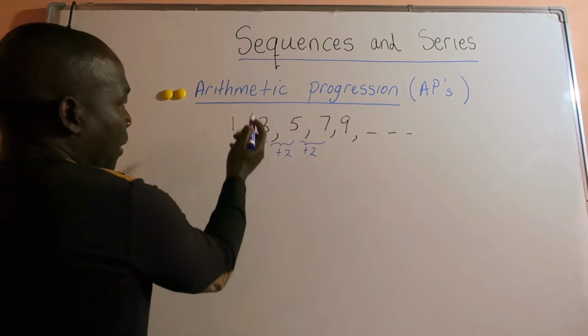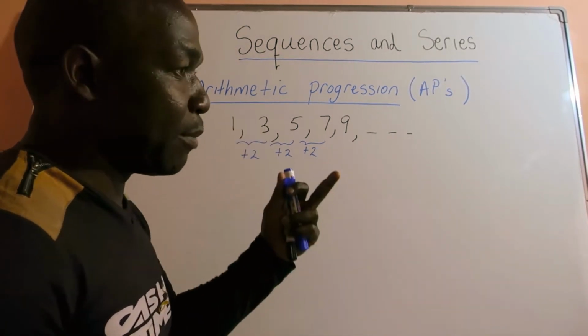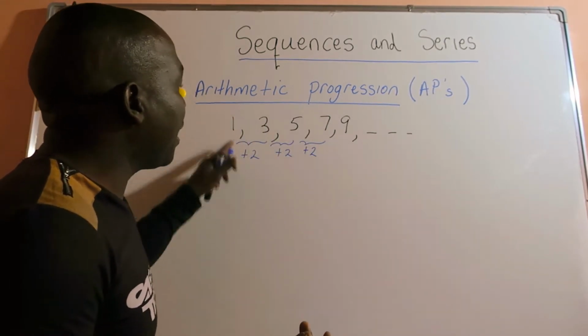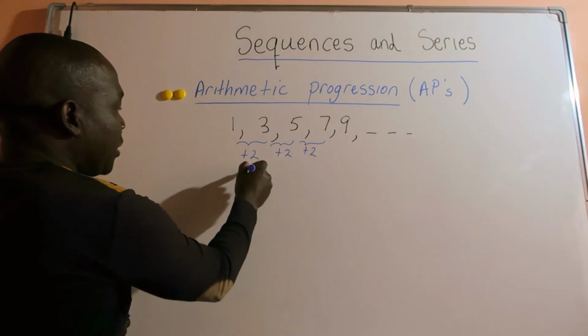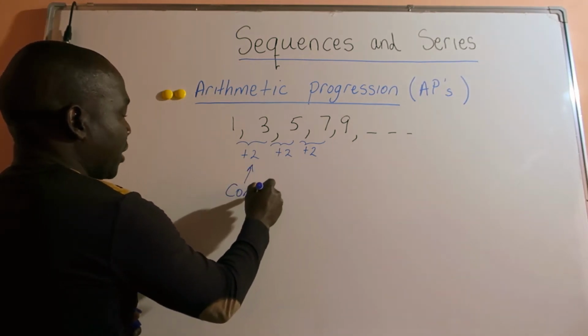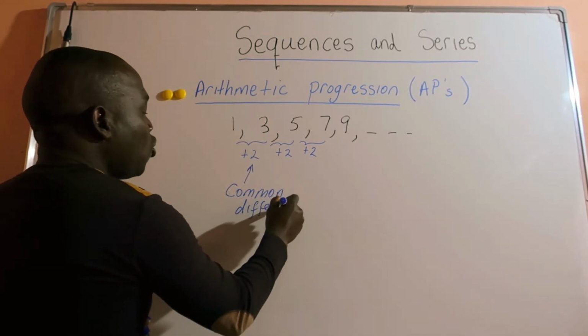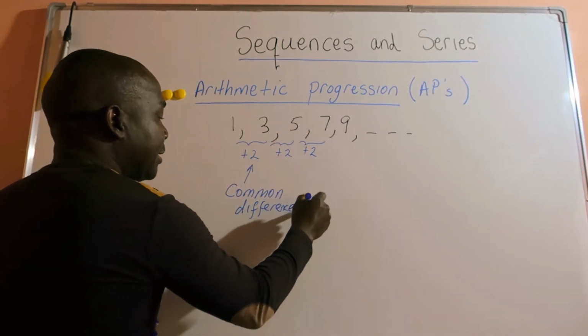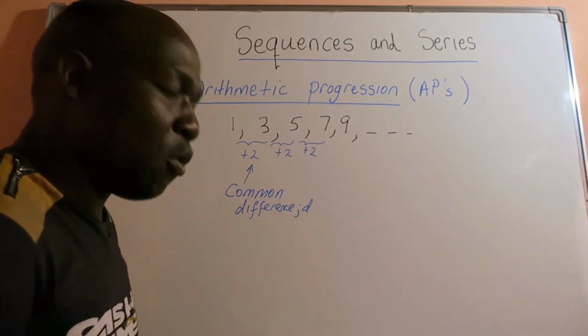The first type of sequence is arithmetic progressions, where you're adding a certain term to get the next term. What you're adding, we call the common difference, and we denote this by D. So the plus 2 is D. Now, how do we get a common difference?